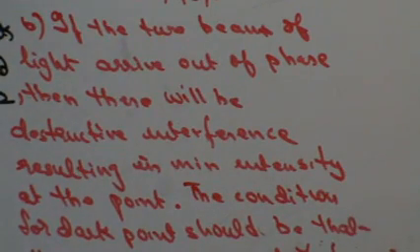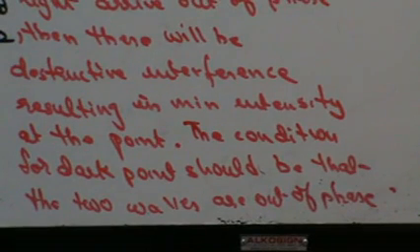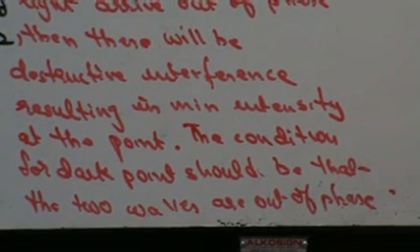Right? Two waves are out of phase, that means the phase difference between them should be 180 degrees. That is, when one wave is going up, the other wave should be going down. That means the phase difference between them should be 180 degrees.